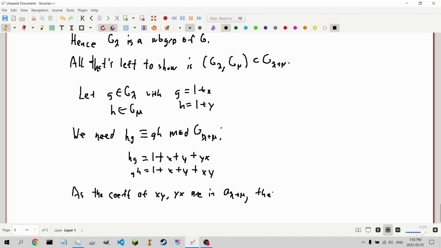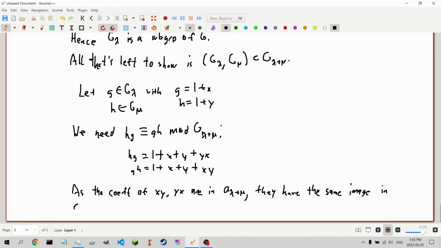And this means they have the same image. Essentially, this part x, y, yx is the part that doesn't commute directly, but since they both have a filtration of lambda plus mu, they will get sent to the same place in GLN of AV over A lambda plus mu.